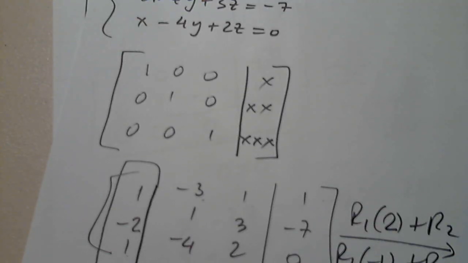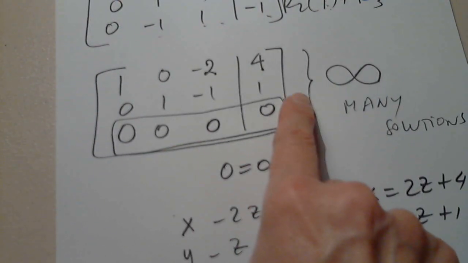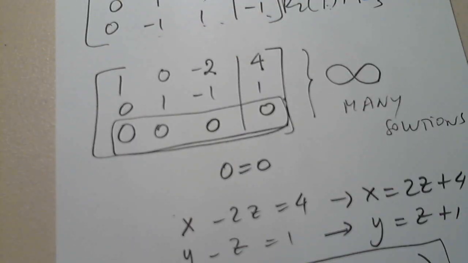It's able to, because it doesn't give us the solution. It just gives us the fact that the last row is made out of zeros, which is a true statement. If I had obtained 0 equals 5, like this, 0, 0, 0, let's say 5 here, the system would have had no solutions at all.